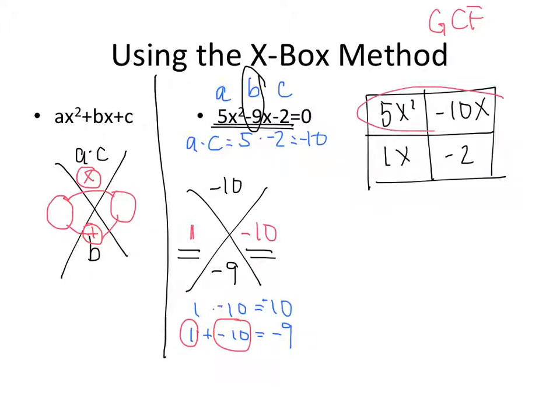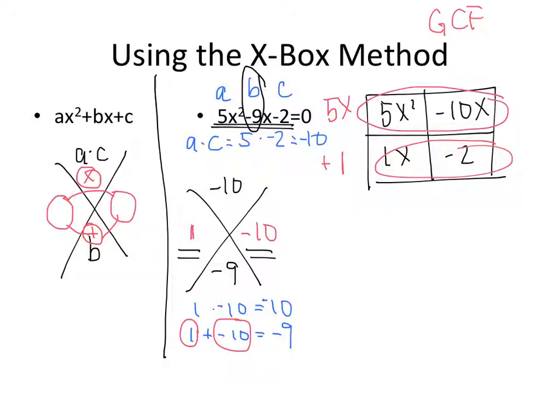When I look at 5x squared and negative 10x, I see that there's a 5x in common, because 5x times x is 5x squared, 5x times negative 2 is negative 10x. When I look at my x and my negative 2, they don't really have anything in common, so that means that they have to share a positive 1.